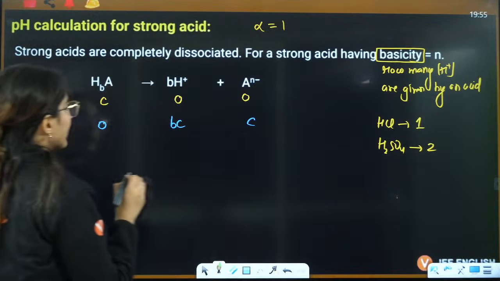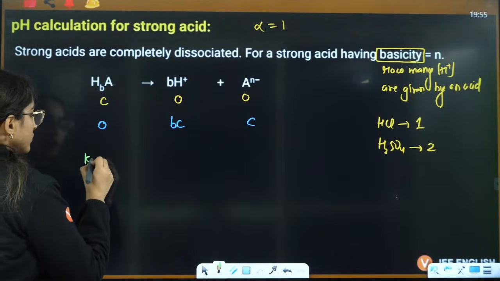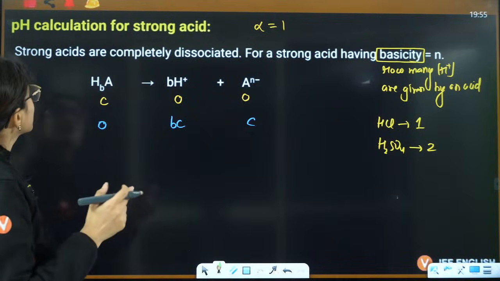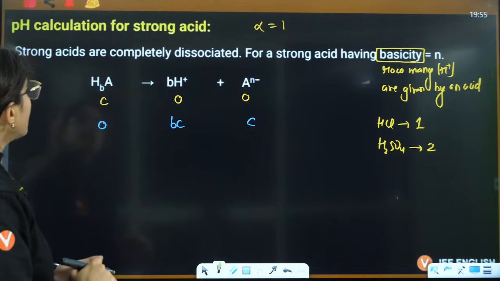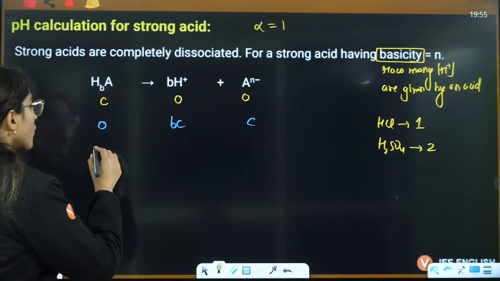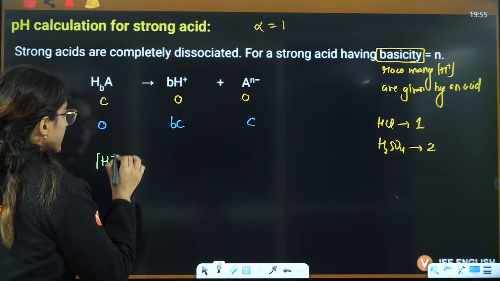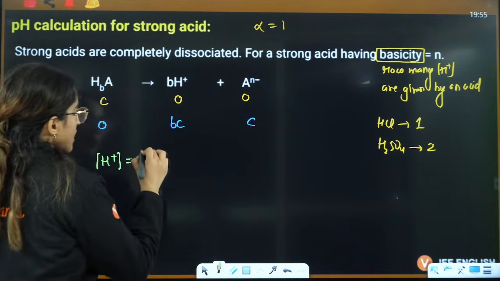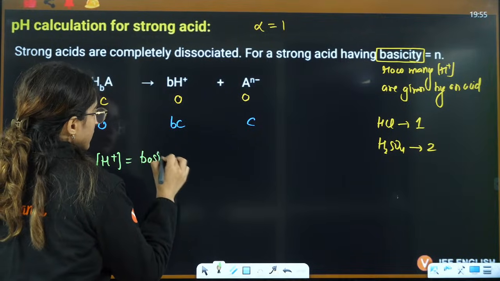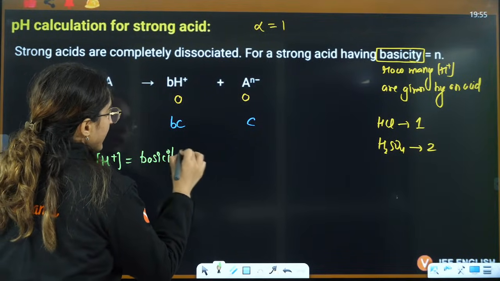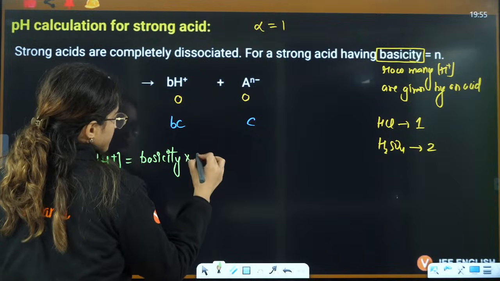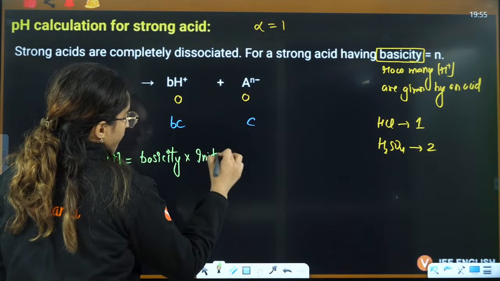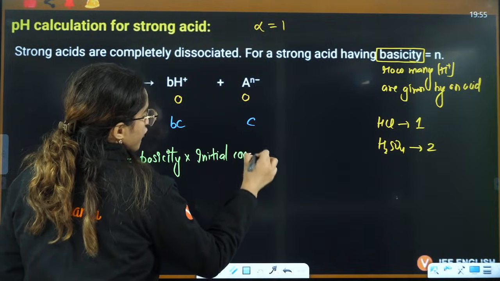If you write the value of Ka now, or we are just calculating the value of pH now. So let's write that. What is the H positive concentration? H positive concentration is basicity multiplied by initial concentration of acid.